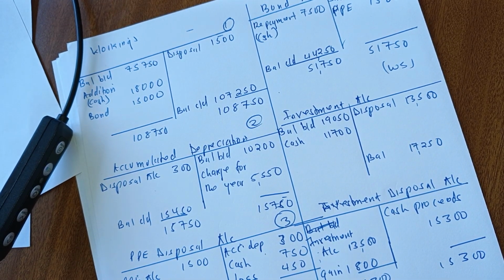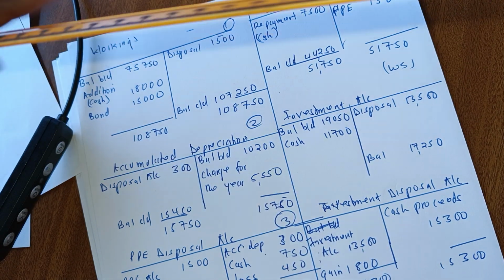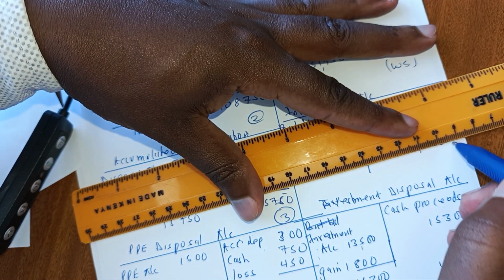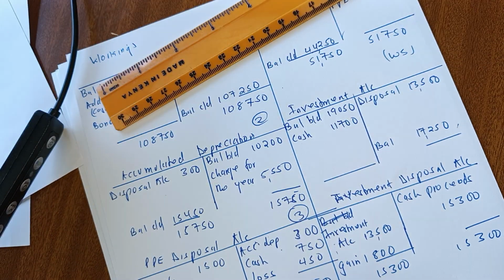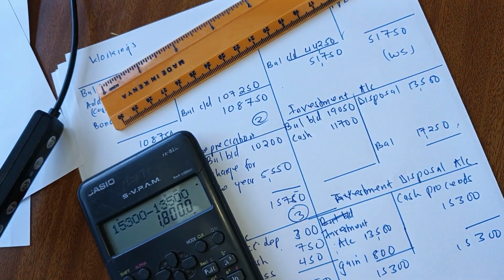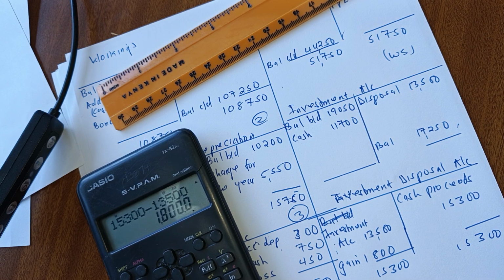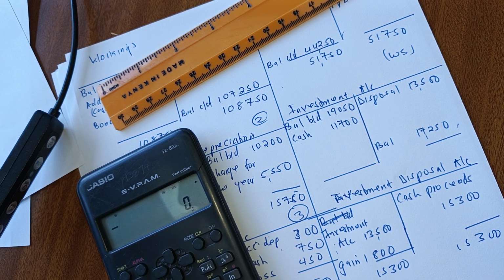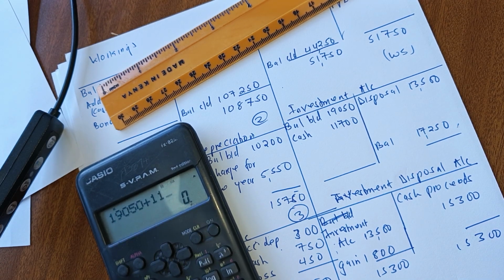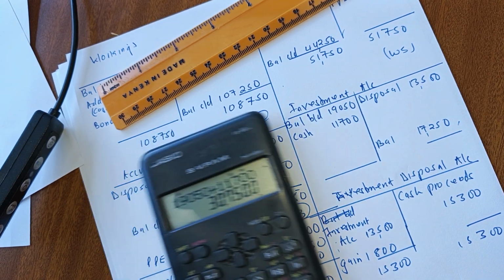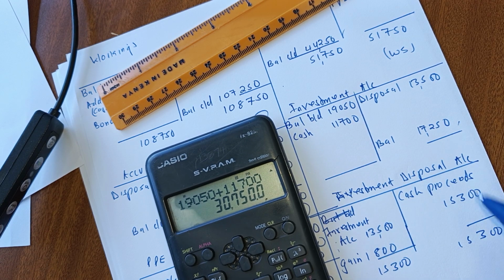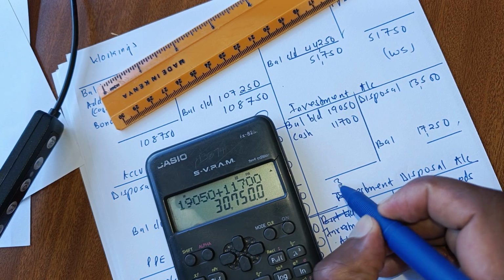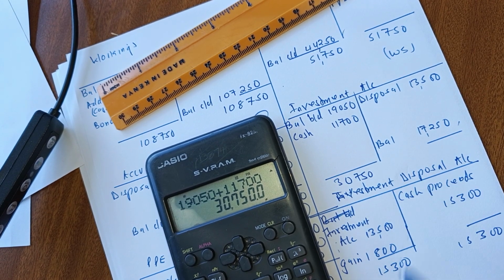And now let's find the balance on the investment account to see what happened. Here, 19,050 plus 11,700, you get 30,750.